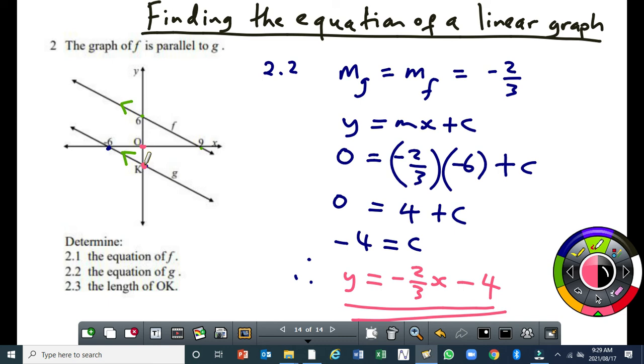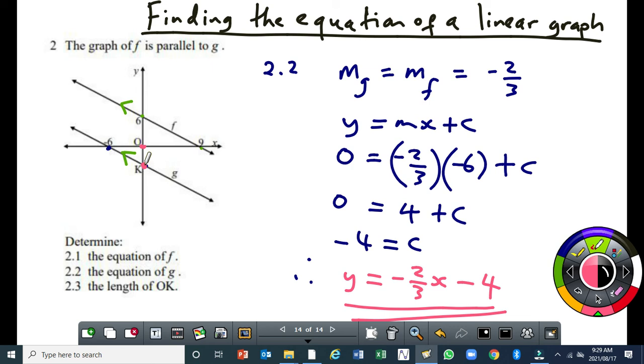Yes, 4 units. Remember, length is never negative. Length or distance is never negative. In physics, it's called a scalar quantity. You can't say the distance between Devon and PMB is minus 75 kilometers. No, no, no.